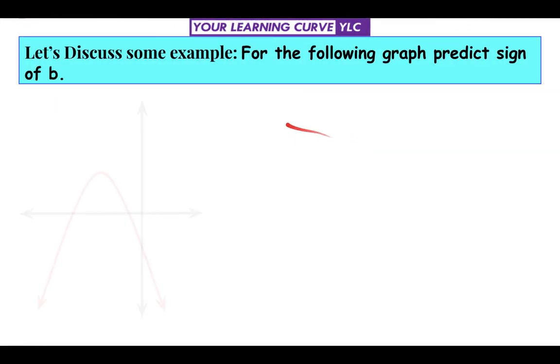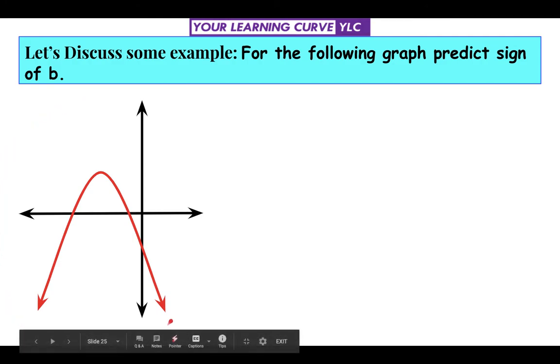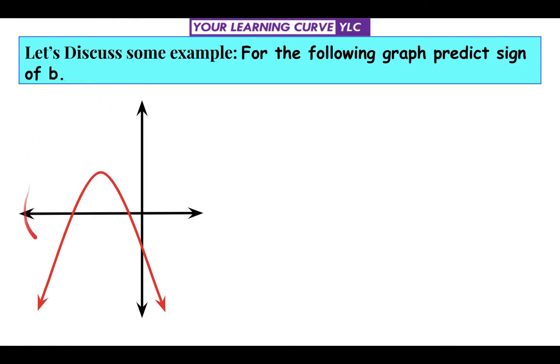Let's discuss one example where we'll be able to analyze the graph conceptually. In this question, we are given that if this is the graph of the quadratic function, then we have to predict the sign of b. If this is the graph of quadratic, what will be the sign of b?